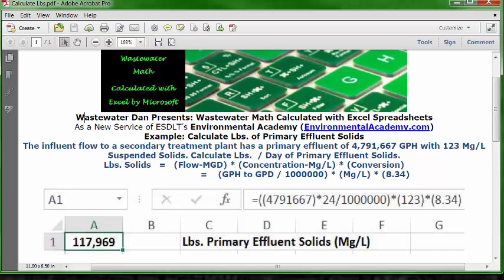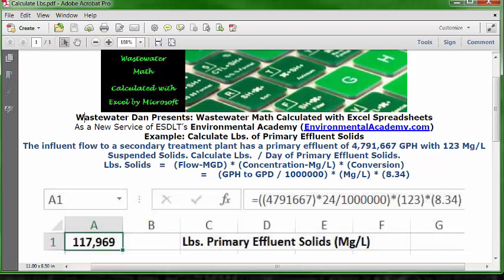Now, before you type in the formula, let me just explain that the conversion factor is given to us as a conversion factor. The concentration is given to us as milligrams per liter. So both those numbers will go into the formula simply as given in the data in the problem.